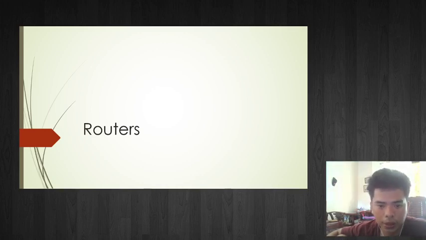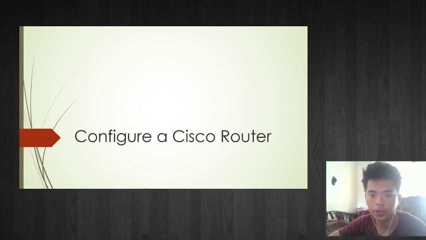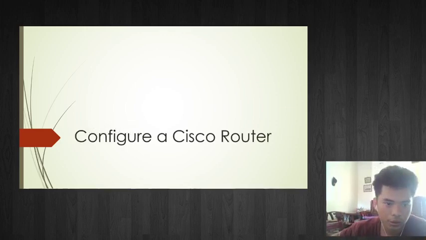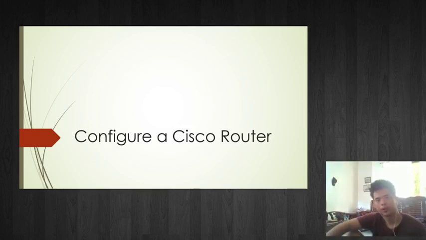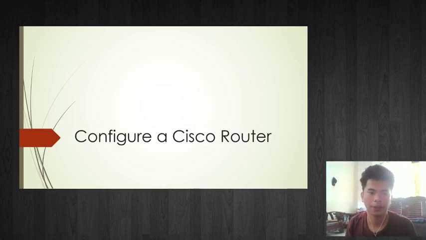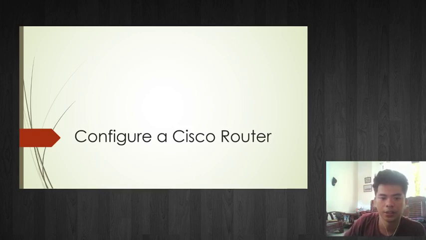So guys, we are proceeding to the next, which is configuring a Cisco router. So guys, this is configuring a Cisco router: configure initial settings, configure interfaces, and configure the default gateway. So guys, in chapter 6, if you're going to configure initial settings or basic switch configuration steps, you should configure the host name.